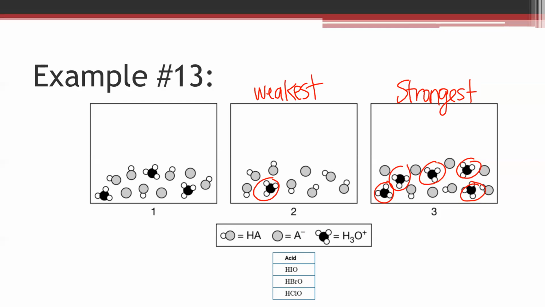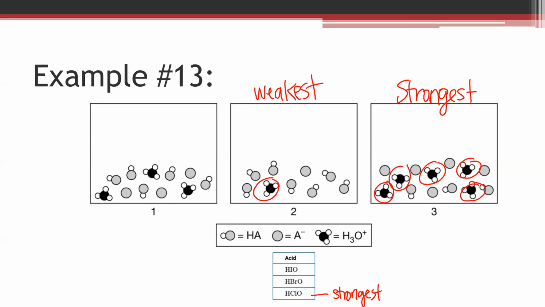Knowing what we know about the electronegative atoms involved, iodine is at the bottom, chlorine and fluorine are at the top. So the hypochlorous acid will be the strongest because chlorine is the most electronegative, so that one would dissociate the most.